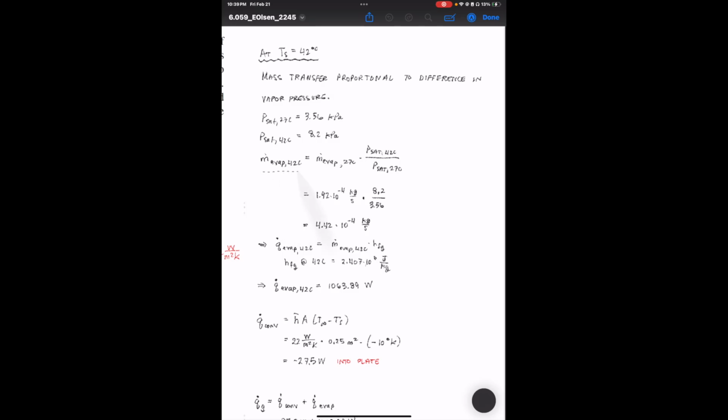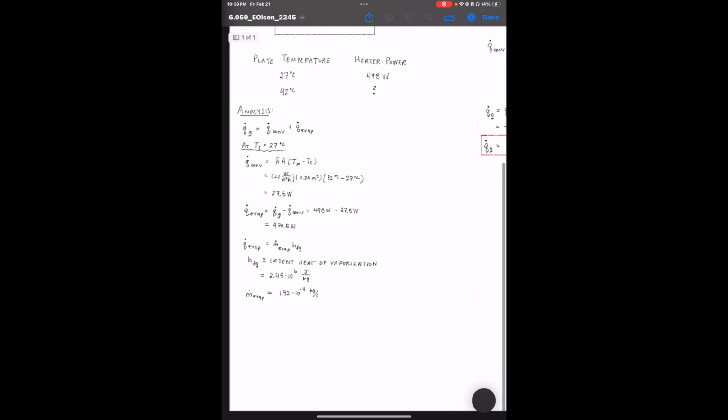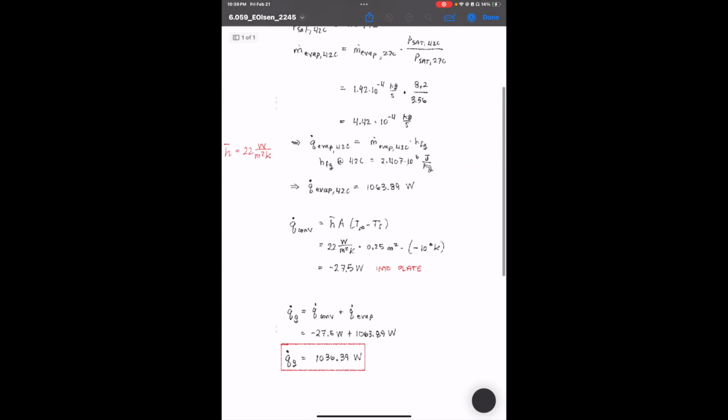And our evaporation rate is going to be proportional to our evaporation rate at 27 Celsius times the ratio between our vapor pressures. If we do this calculation, plugging in our numbers, we get an evaporation rate of 4.42 times 10 to the minus 4, which is about double, or a little bit more than double the first case.